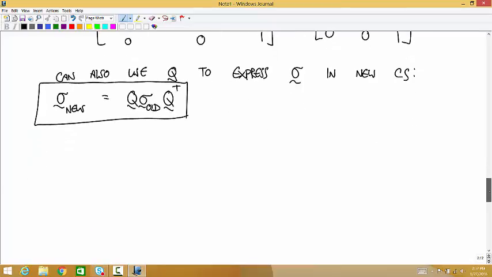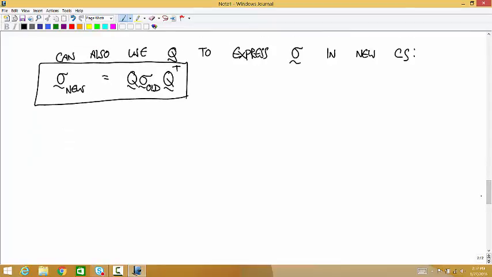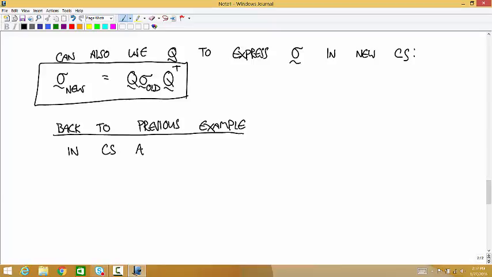Okay, so back to the previous example. Let's say that in coordinate system A, which is like this, the stress tensor is 5, 0, -1, 0, 10, 0, -1, 0, 2, all in megapascals.